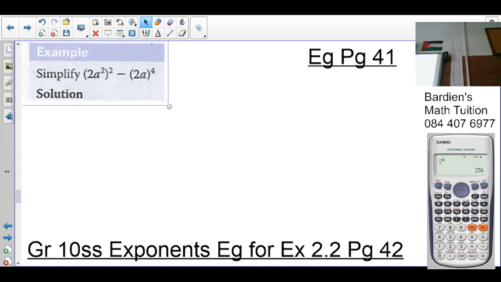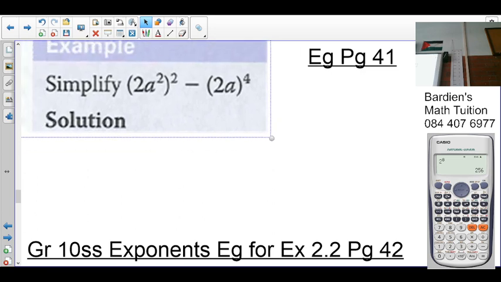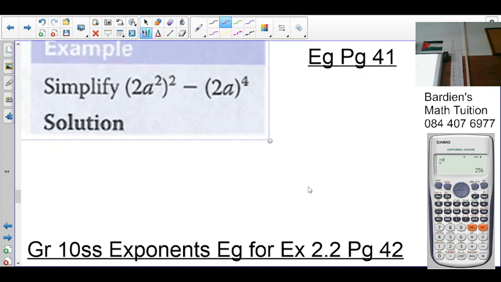What do we do first here? We need to apply the exponents on the brackets.